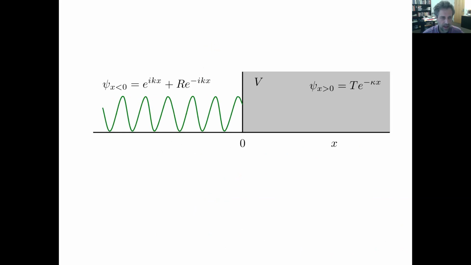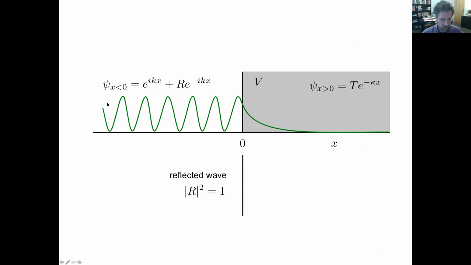So I have this oscillating wave on the left-hand side over here. And then as we just computed, there is a decaying wave function in the barrier. It approaches 0 at infinity in the barrier. And we just computed the reflected wave, r modulus square, which equals 1.